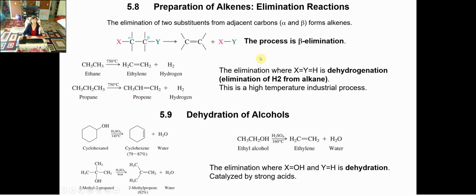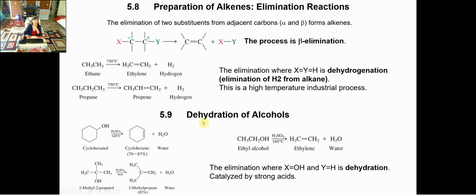So in this case, your X and Y, they both are hydrogens. This reaction is called dehydrogenation. This reaction, as we mentioned, is a high temperature industry process. I believe the metal catalyst will help you to improve the reaction rate and also decrease the activation energy.